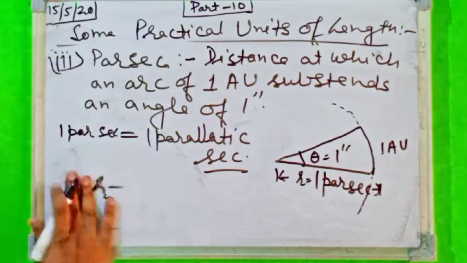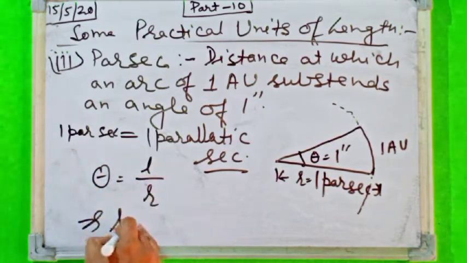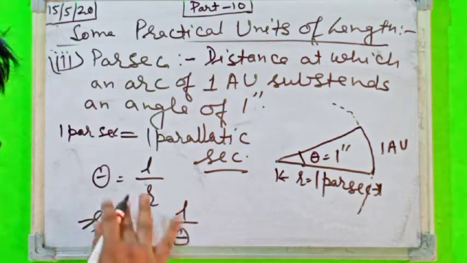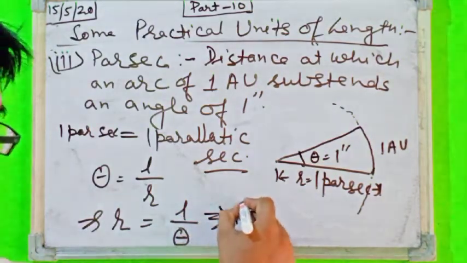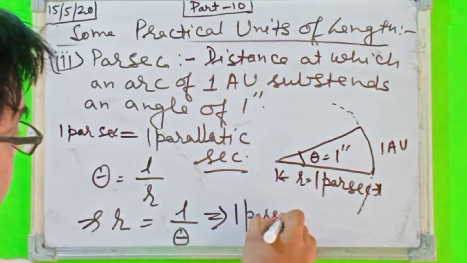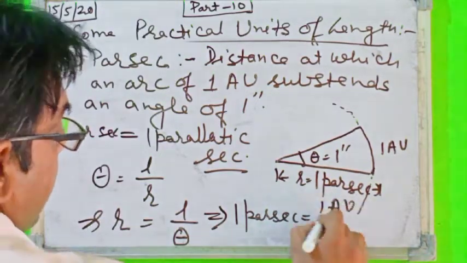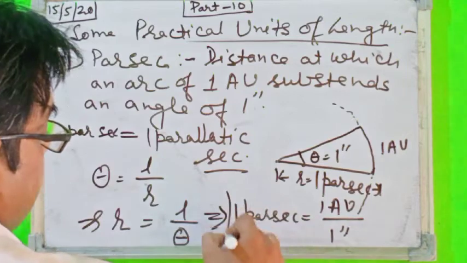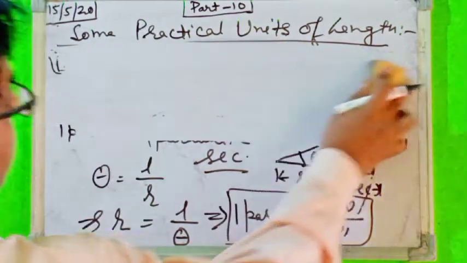As you know that theta is equal to L upon R, so it implies that R is equal to L upon theta. R is equal to 1 parsec. Length of the arc is 1 astronomical unit and theta is equal to 1 second. So now we are going to find out this value.